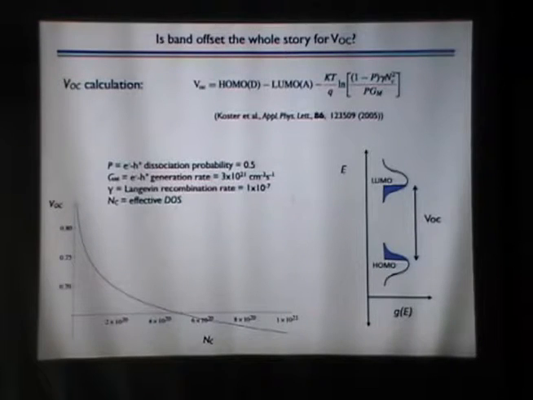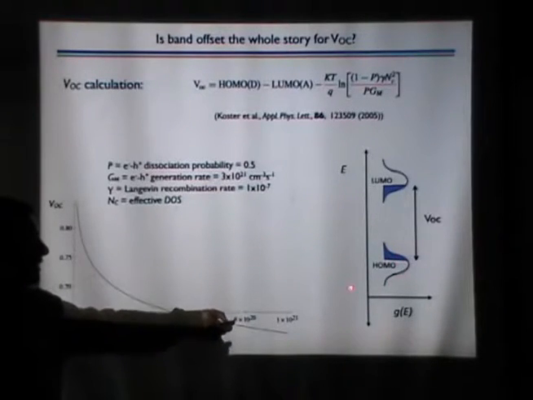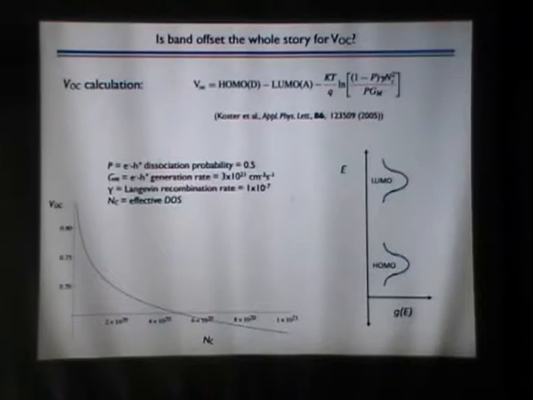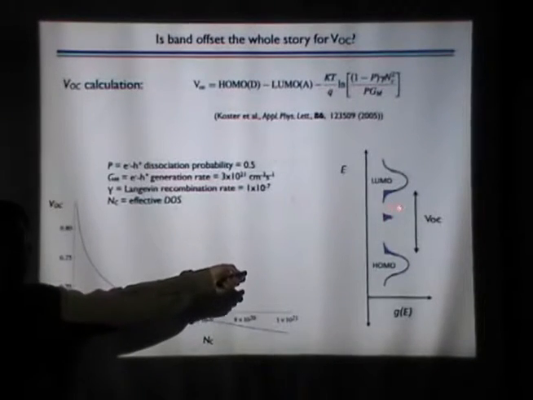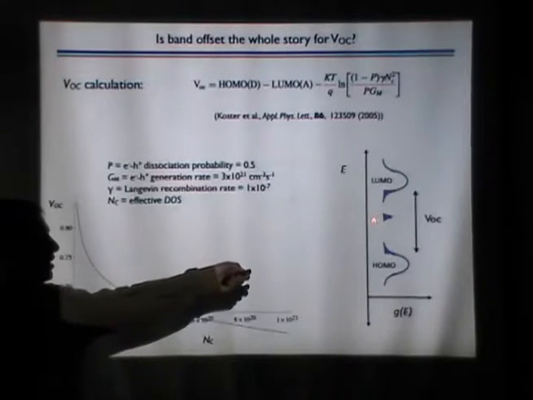So to tie this with the previous part of the lecture, we could also think about if we have defects in the material. So the way I've drawn it, here's the HOMO band, and you see it has a nice Gaussian shape. Here's the LUMO band, that's nice and Gaussian. But what if there's some defects? What if there's some density of states in the middle of the gap? What's that going to do? Well, first of all, there'll be charges stuck in that position.